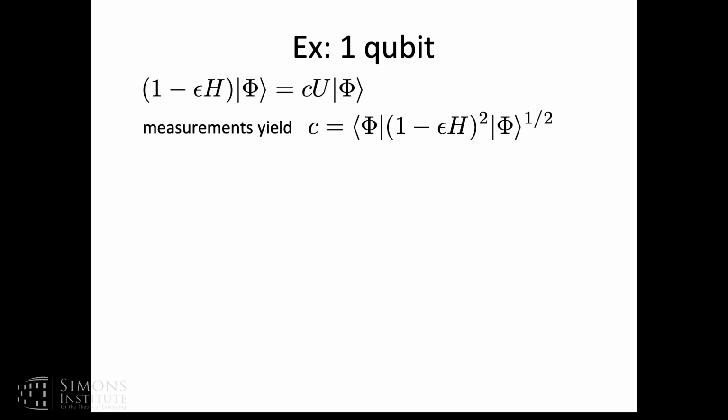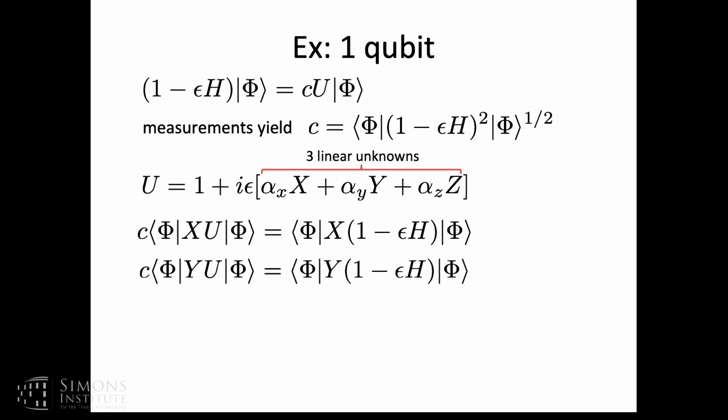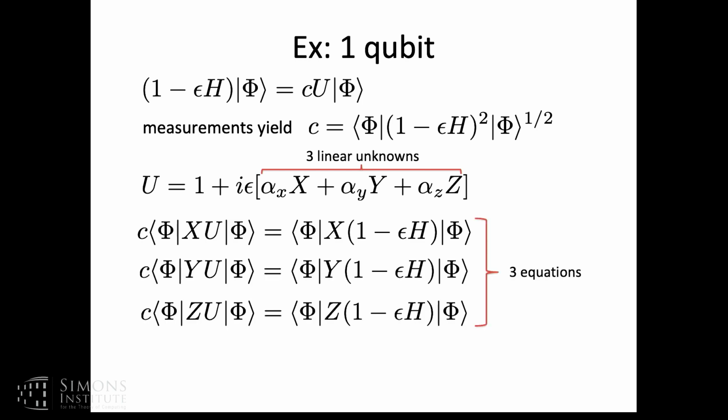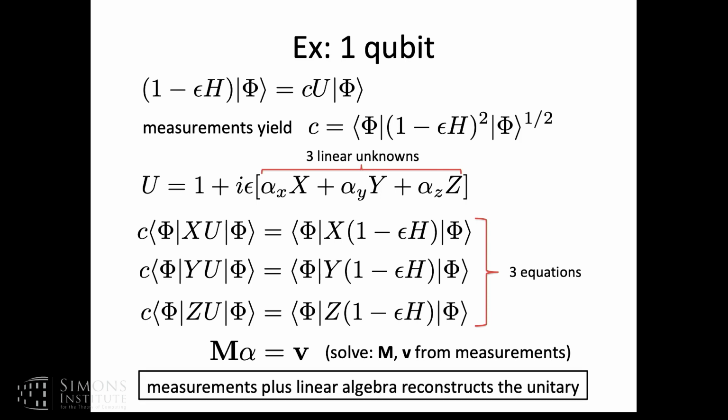And then similarly, this unitary here is parameterized by 3 angles. So I just need to do 3 measurements on the state and solve some linear equations, and then we can get the 3 angles out. So we can reconstruct the unitary in this way.